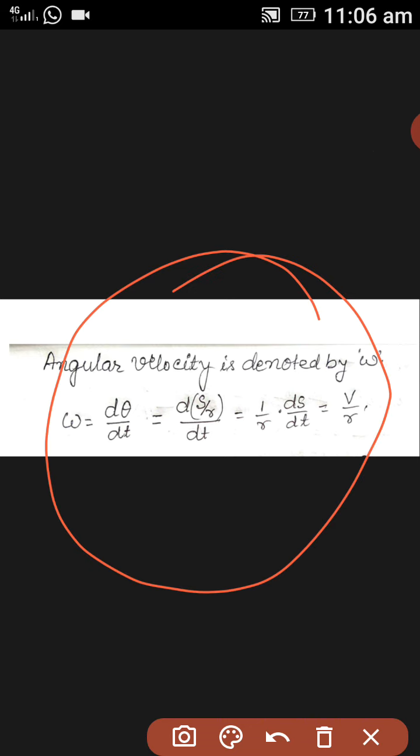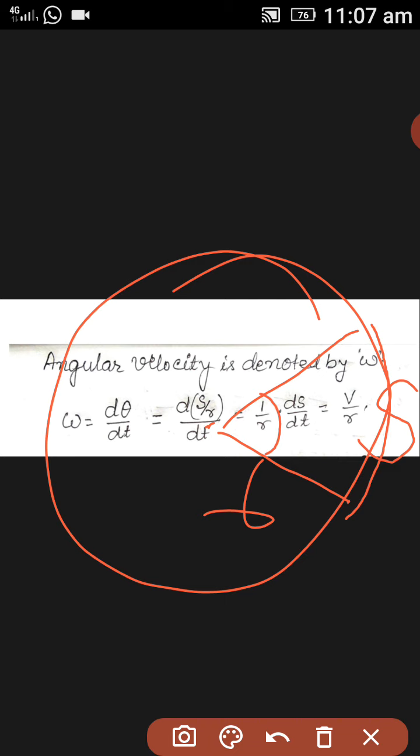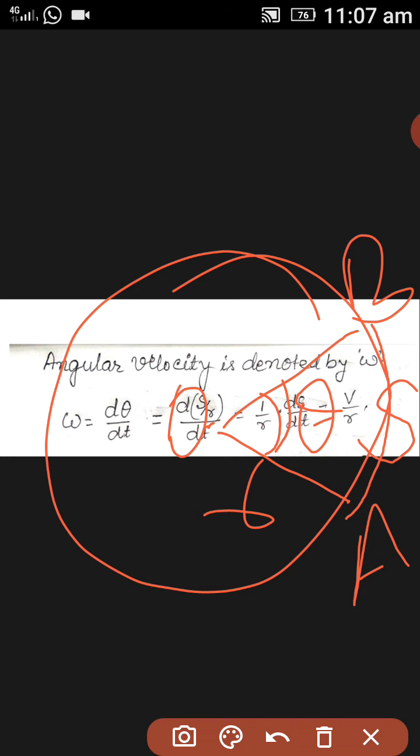If anybody moves on the circular path, here if this is the center and this is the radius, in the interval of time t, the path described on the circular circumference is s, and at these two locations a and b, suppose the angle subtended at the center O is theta, then we have theta is equal to s by r.